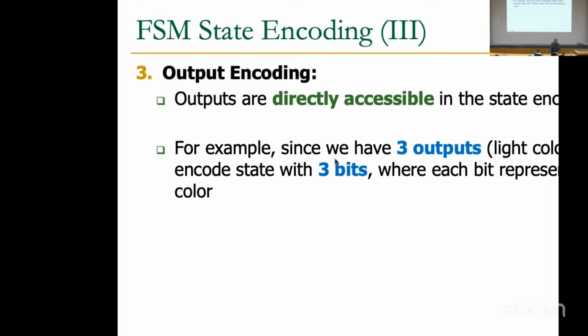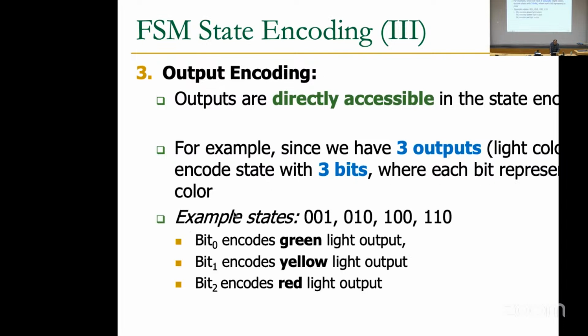For example, since we have 3 outputs in light color, we can encode the state with 3 bits where each bit represents a color. So here is the example. We have 4 states, and we can have 3 bits here: 001, 010, 100, and 110. You can see that bit 0 encodes the green light output, bit 1 encodes the yellow light output, and bit 2 encodes the red light output.